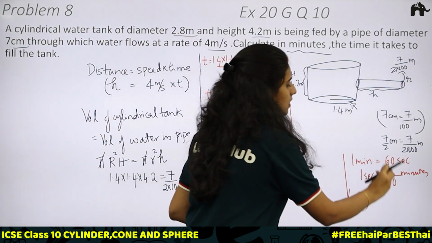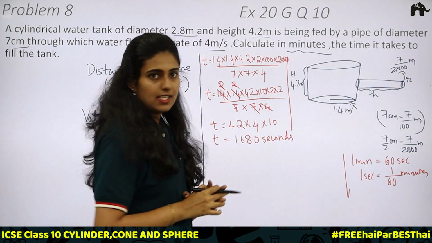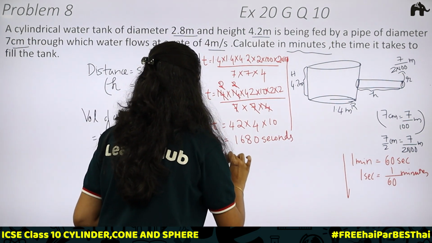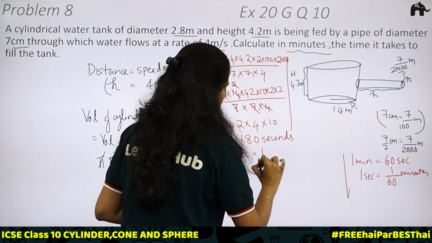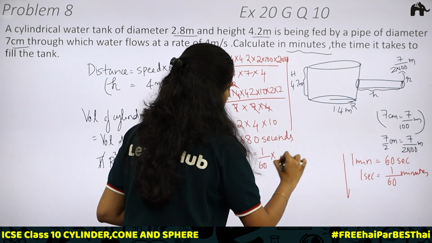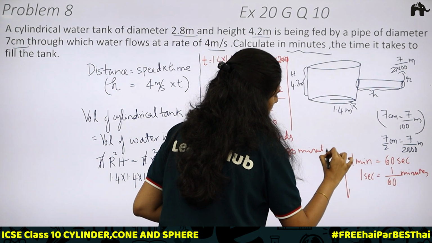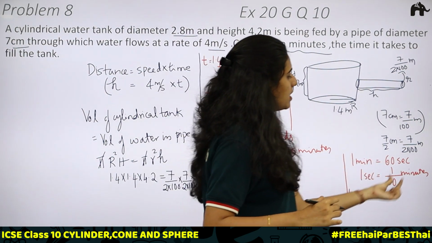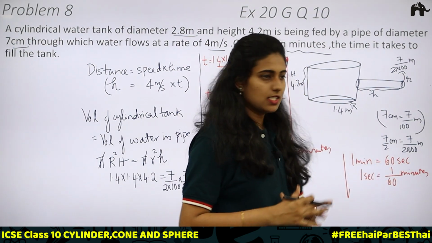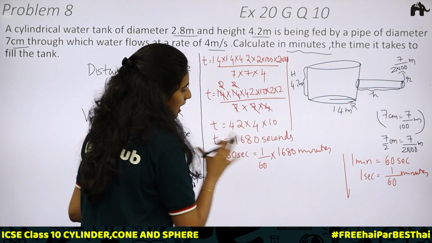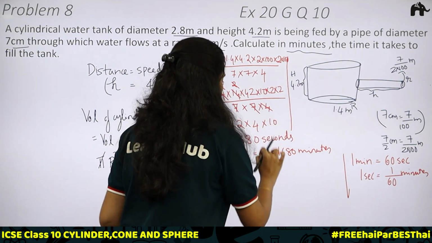If 1 second is 1 by 60 minutes, what about 1680 seconds? 1680 seconds will be equal to 1 by 60 into 1680 minutes. Okay, if 1 second is equal to 1 by 60 minutes, what is 2 seconds? 2 seconds will be 2 into 1 by 60 minutes. Here we have 1680 seconds and that will be equal to 1680 into 1 by 60.